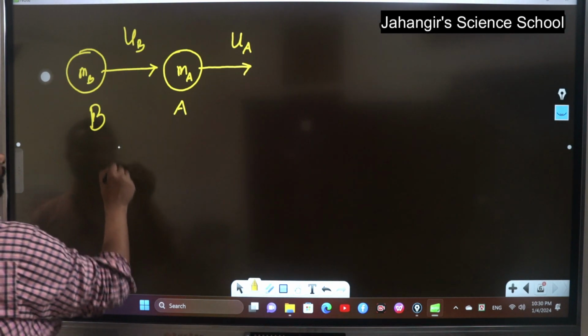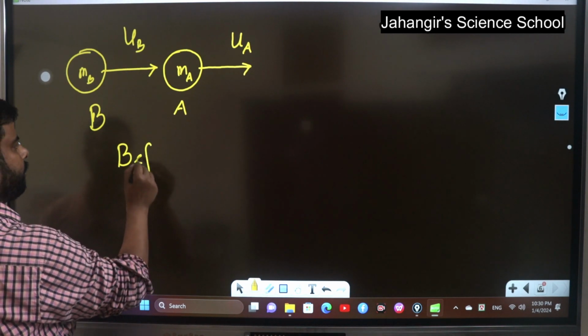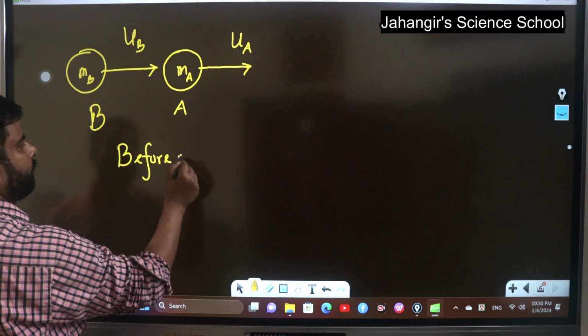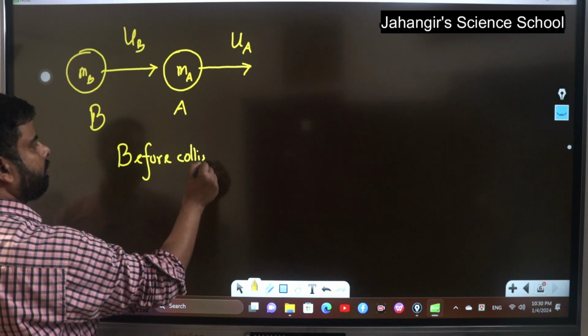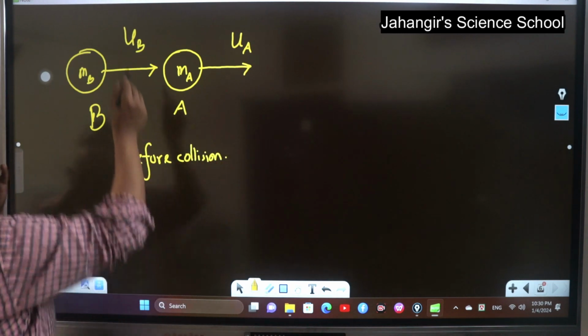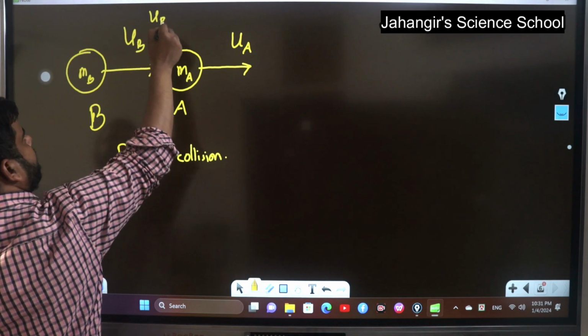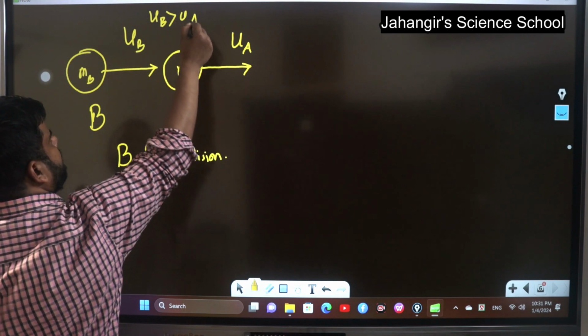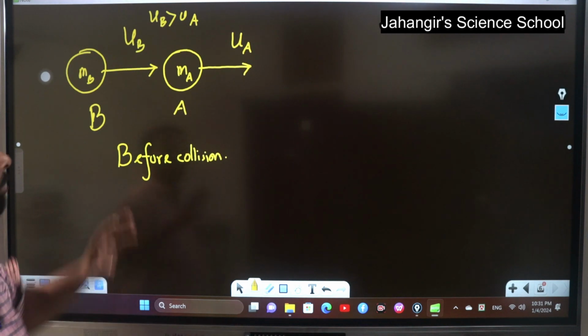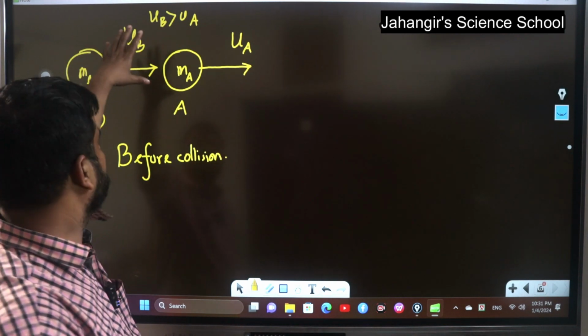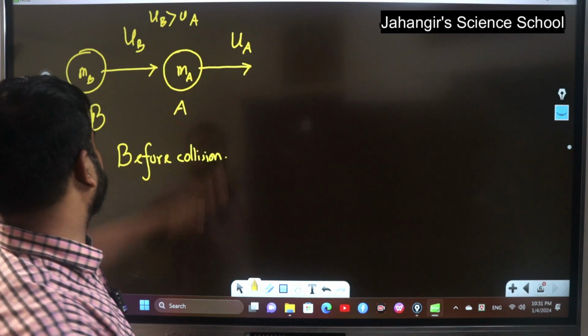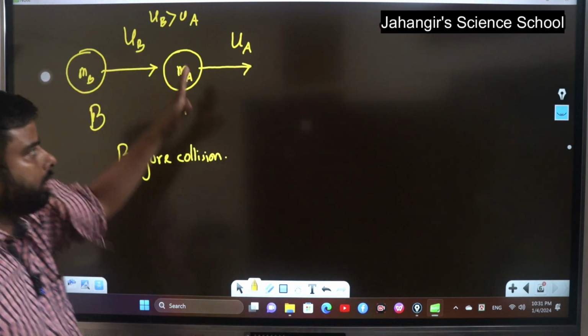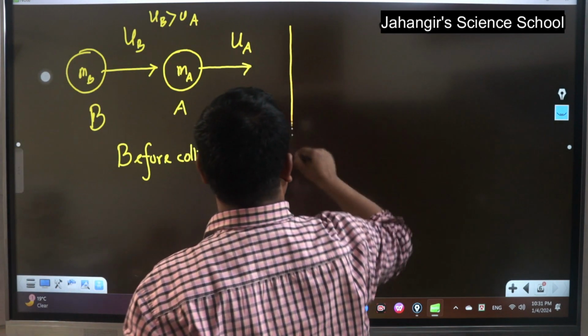So before collision, here ub is greater than ua. That means the initial speed of b is greater than ua. So object b collides with object a.